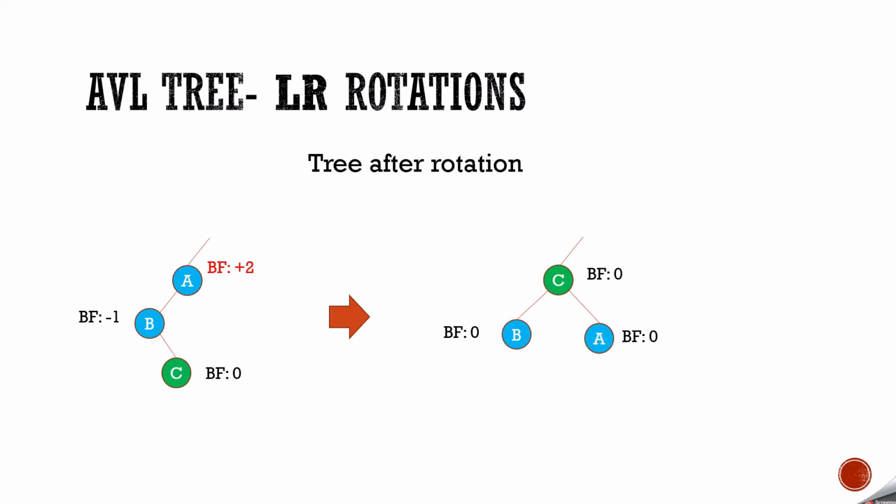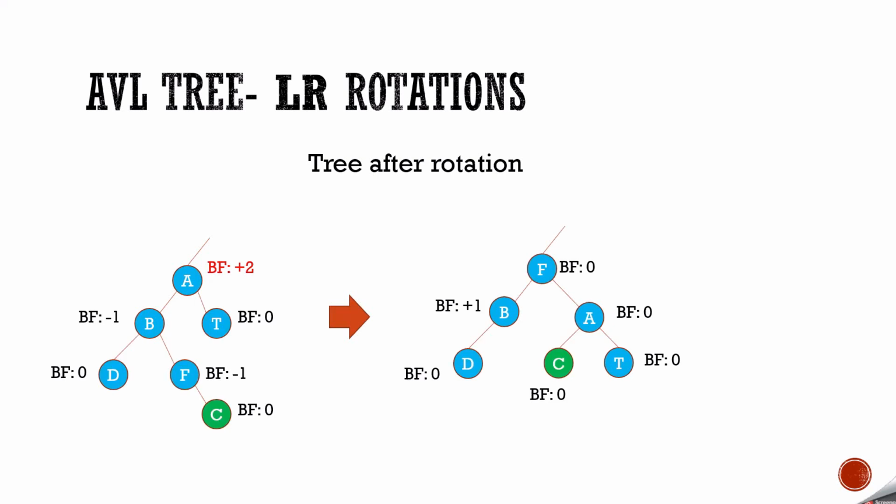The difference is that in LL rotation, the left subtree of the target node becomes the root, but in this case the grandchild becomes the root.